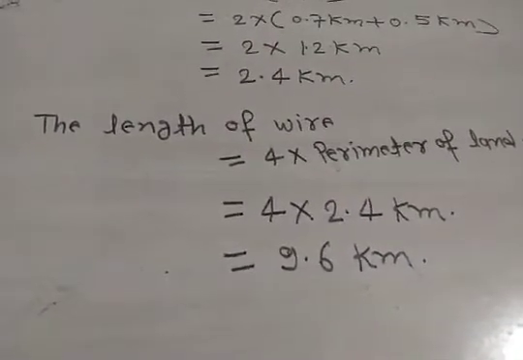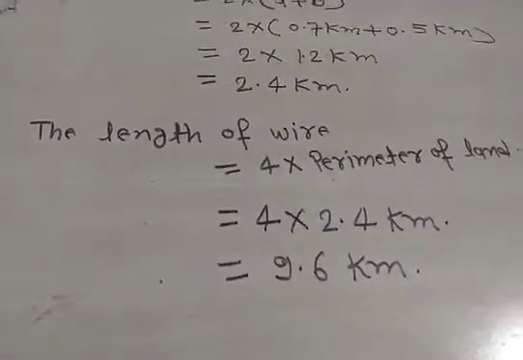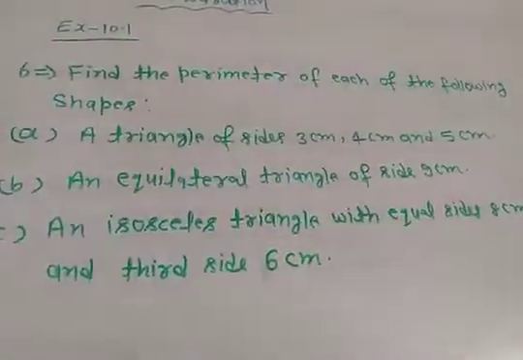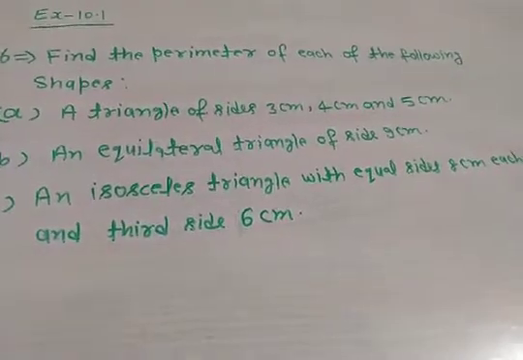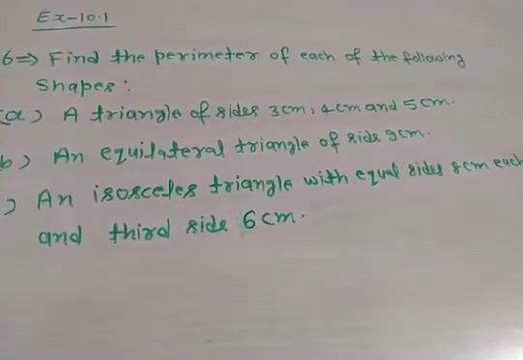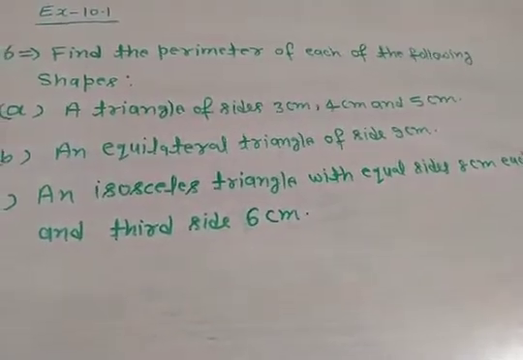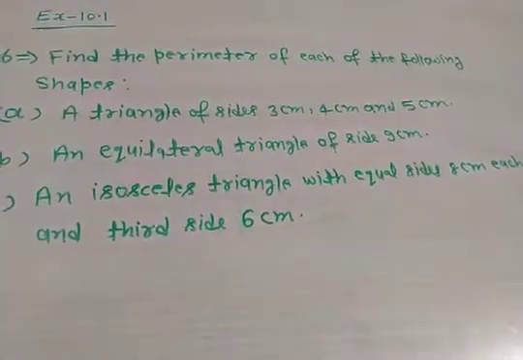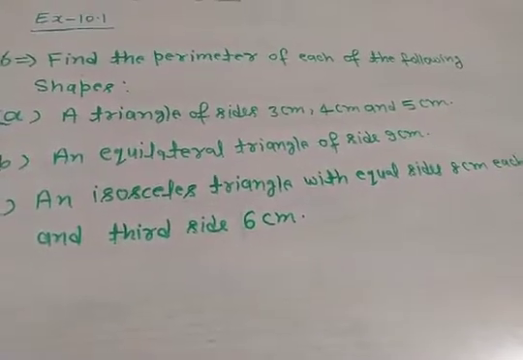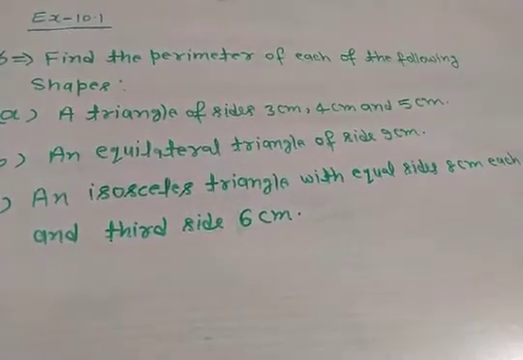Now we are going to solve question number 6. Find the perimeter of each of the following shapes. A, a triangle of sides 3 cm, 4 cm and 5 cm.